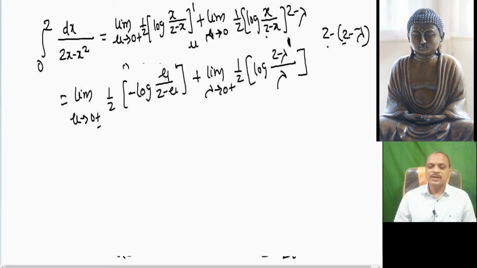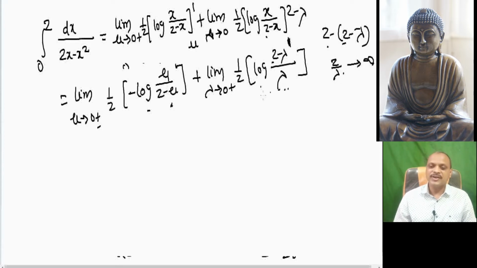Now you can see that as mu tends to 0, this value mu lies between 0 and 1, and the log value is infinity. Here also this value lies between 0 and 1, as this will be 2 divided by lambda, and as lambda tends to 0, 2 divided by lambda becomes infinity, and log of infinity is again infinity.